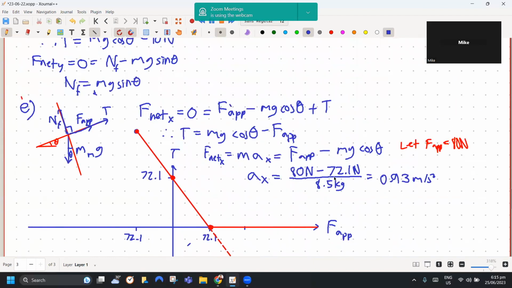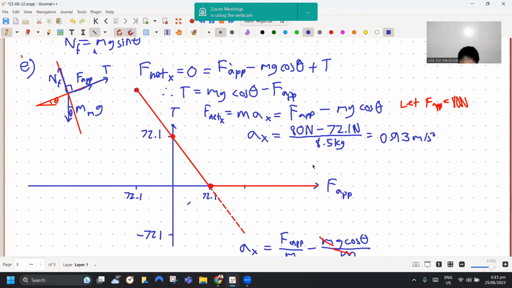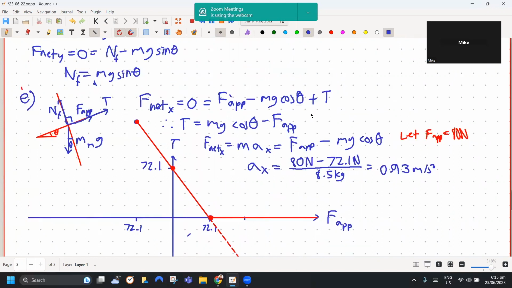Anong situation na 0 yung F applied? Okay. So, kung 0 yung F applied, balik ka dun sa taas. Maling free body diagram yan.